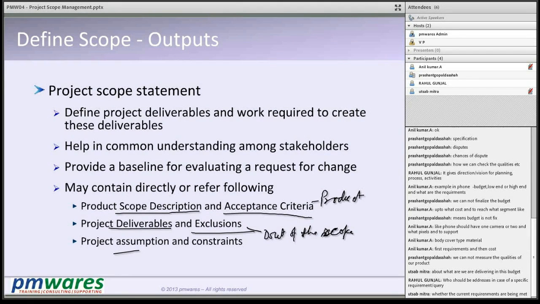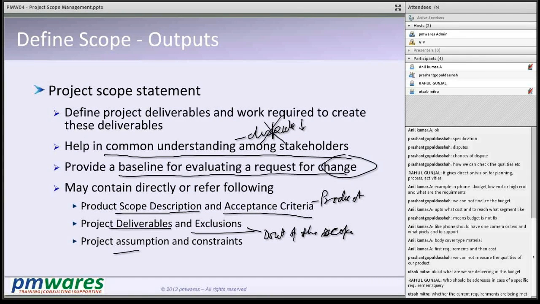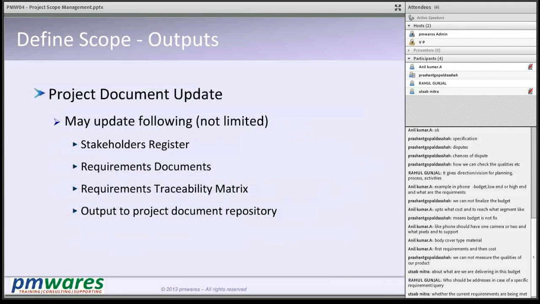This helps in common understanding among the stakeholders and therefore reduces the chances of dispute or eliminates them. And it also helps in better change management. So it's a narrative statement actually, which talks about product and project scope, what is in the scope and what is out of the scope.